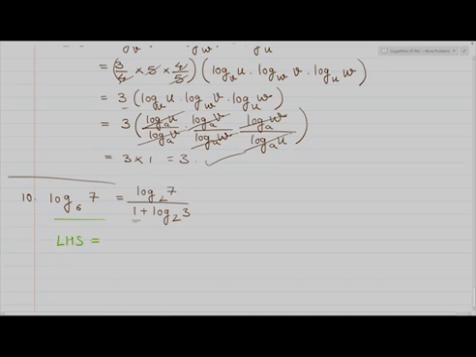Okay. So it is log of 7 to the base 6. Use change of base. What base you will use is dictated by what term you have in the right hand side. So you use base 2 now. So log of 7 to the base 2 upon log of 6 to the base 2.